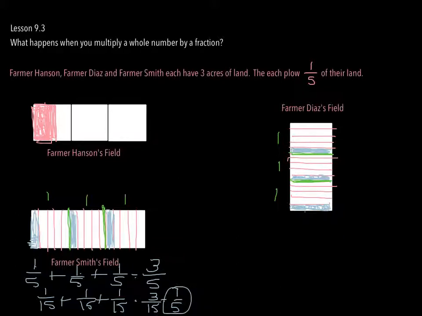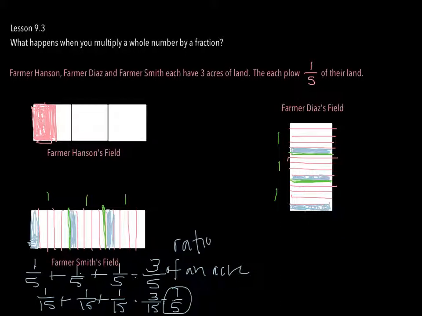So we keep the same ratio of 1/5, even though we spread it out into the whole thing. But if we want to look for total plowage in terms of acre, he plowed 3/5 of an acre.